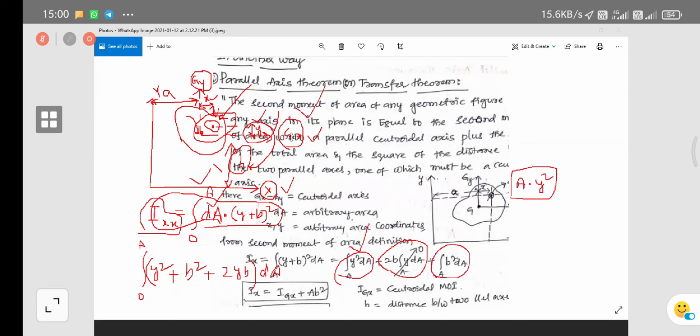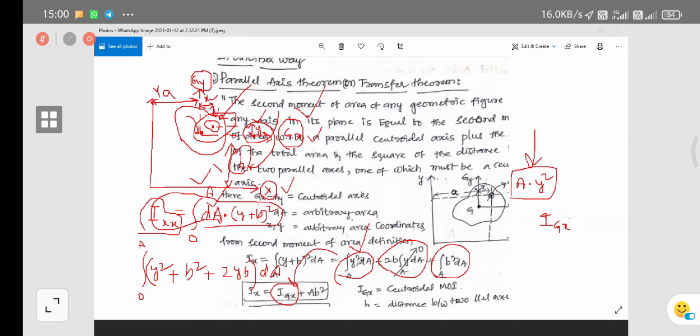With reference to your gx axis. So this gx is your central axis of that particular element. That's why this entire term is going to be replaced with moment of inertia about the central axis, Igx.